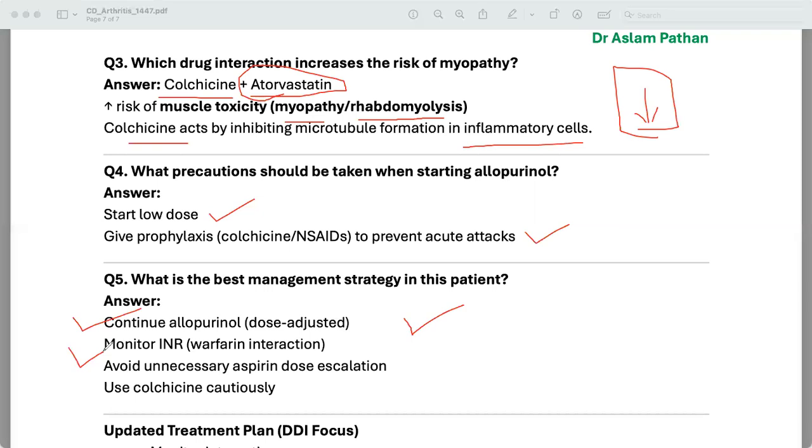INR means international normalized ratio, for the warfarin interaction, to check the clotting and avoid hemorrhage or bleeding, avoid unnecessary aspirin dose escalation, and use colchicine cautiously.